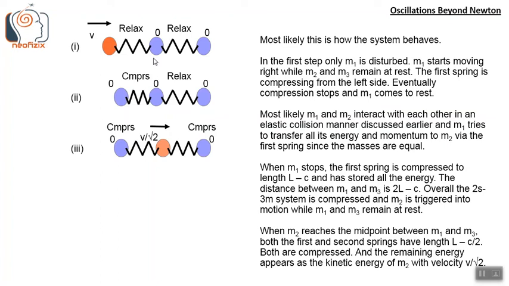This is the maximum velocity that we find for mass 2 when this is oscillating. In the first step, we saw mass 1 was moving with velocity v. But in this third step, when M1 and M3 are at rest, only M2 is moving with the maximum velocity. It has velocity only v by root 2 because the rest, half the energy, is stored in the springs.